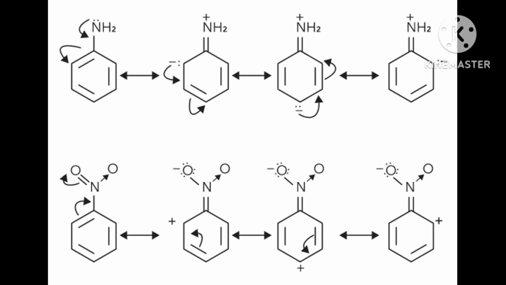Now in the third structure, again this double bond is made. The double electron that was near this adjacent carbon will make a double bond. And the double bond that was there will give to the next carbon. And there this electron will go to the pair of electron, the pi electron.